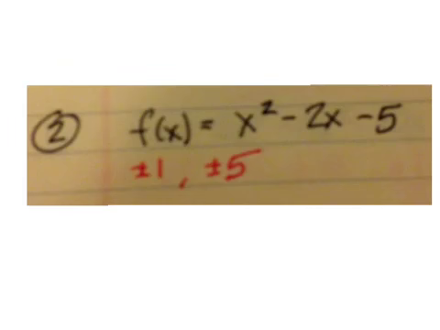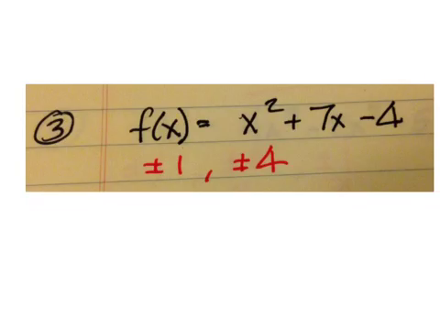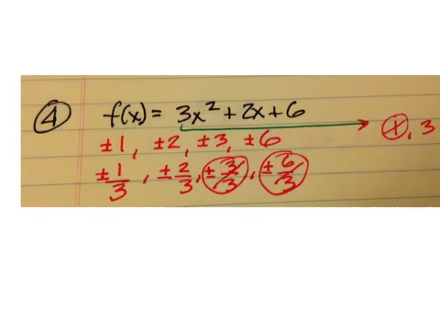On number 2 you need to have plus or minus 1 and 5. For number 3, plus or minus 1 and 4. 4, you should have plus or minus 1, 2, 3, 6, 1/3, and 2/3.